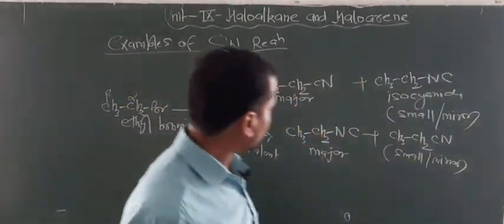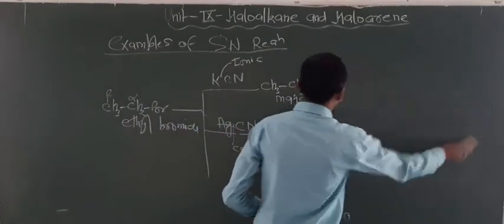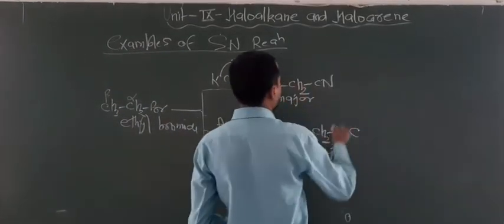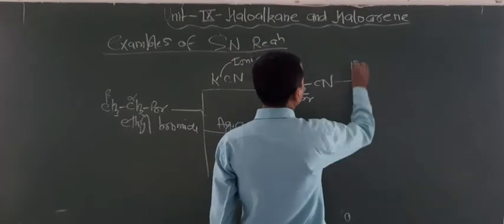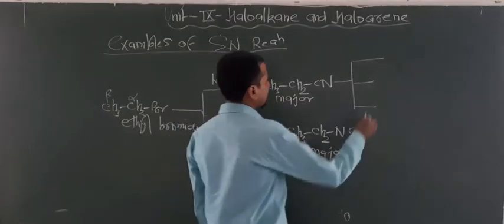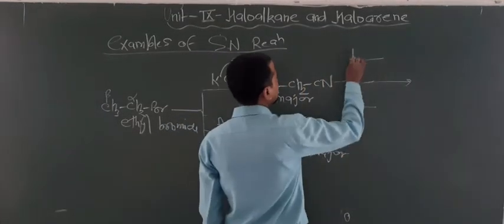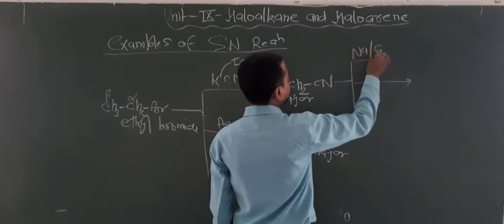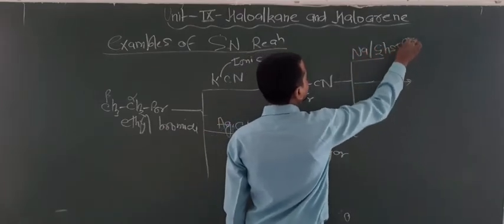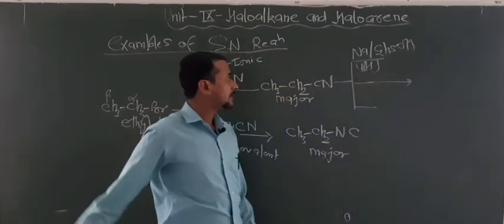Now one more thing to note down: from KCN, what you can prepare. These reactions you can learn in the chapter on amines, that cyanide can be converted into amines. How does this happen? When this reacts with Na and C2H5OH, this gives 4 nascent hydrogen.